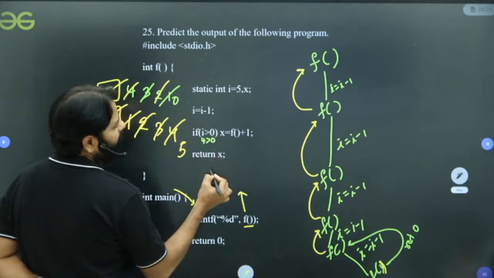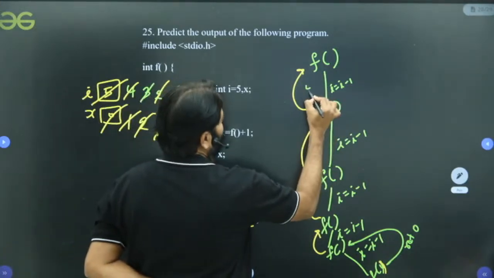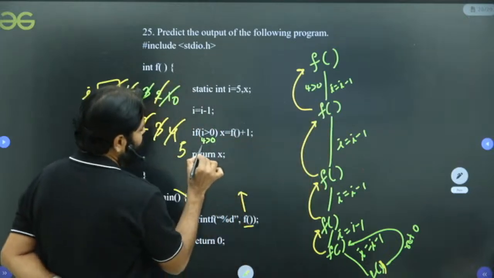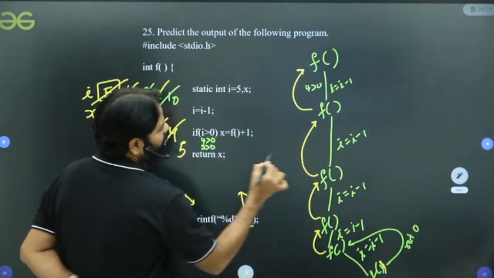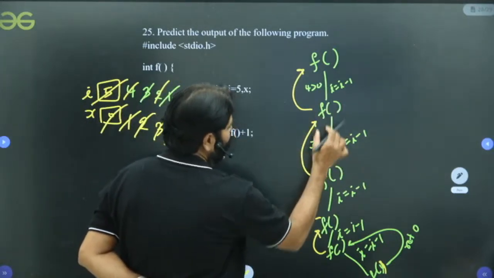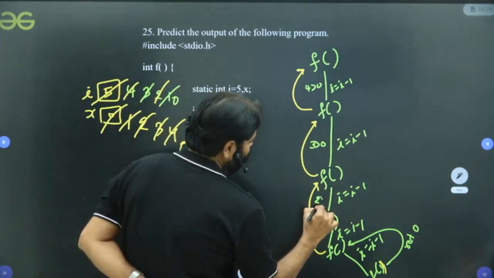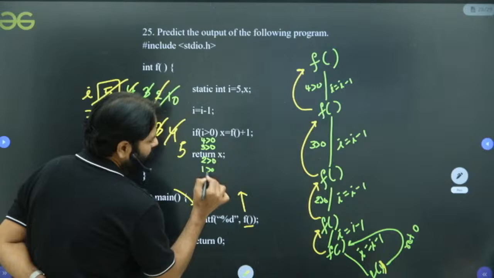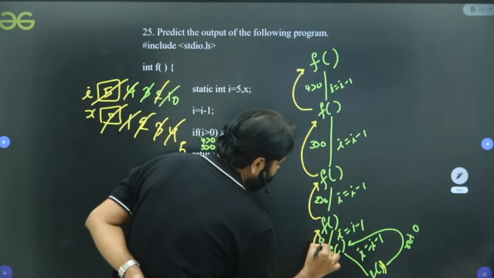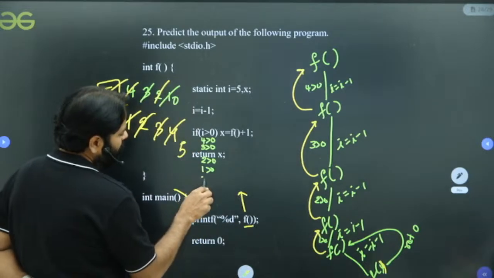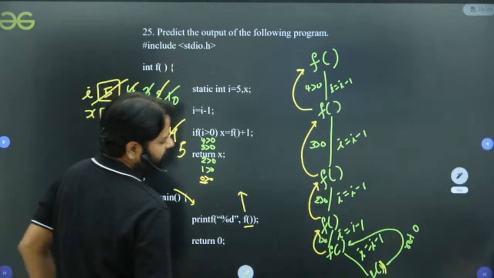At that time you called one function, and next time 3 greater than 0 you call this function, from here to here, and 2 greater than 0 you call this function, and 1 greater than 0 you call this function, and 0 greater than 0, that means it should fail here.